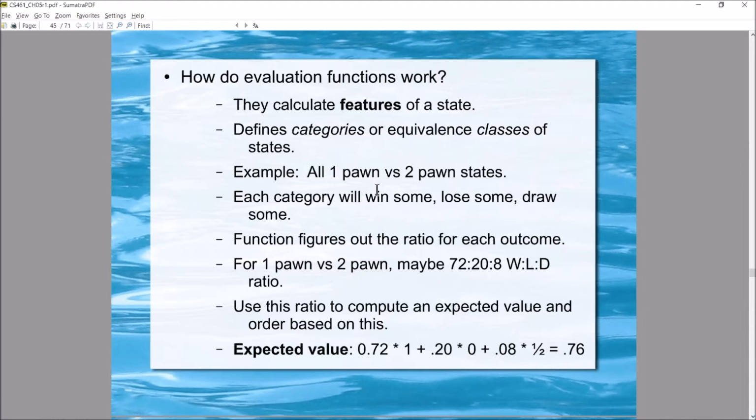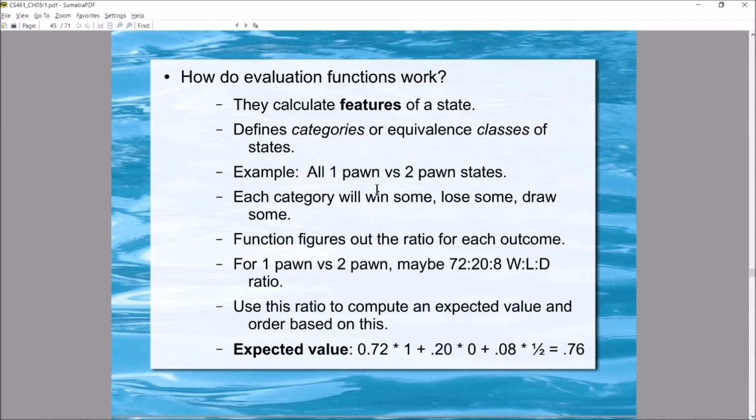You have a state, and the evaluation function is trying to score that state based off of features of the state. So what you're thinking about is categories or classes of states that are equivalent. So here's an example.